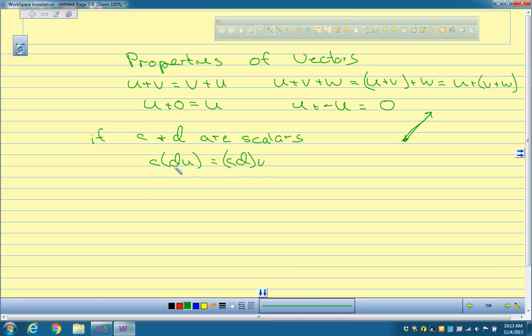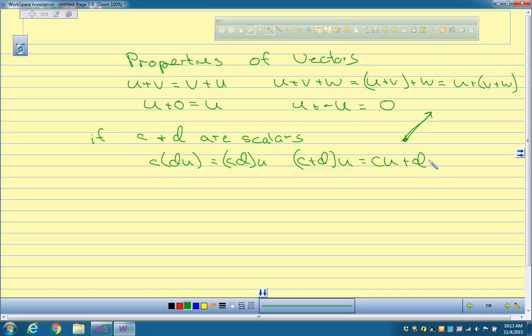Meaning, if there's a number out in front, like 5 times 3u is equal to 5 times 3 times u. And likewise, C plus D times u is kind of like the distributive property: it equals cu plus du.